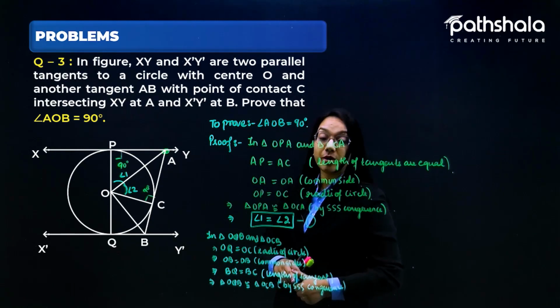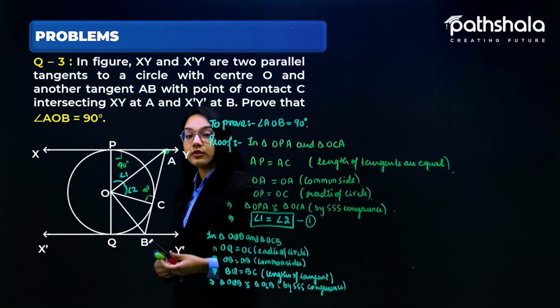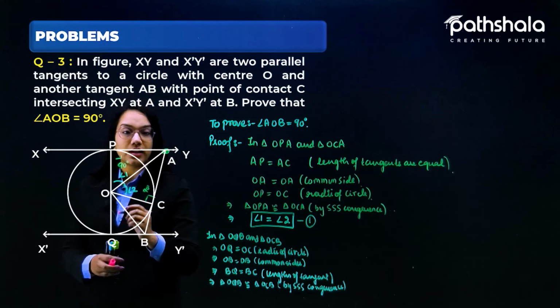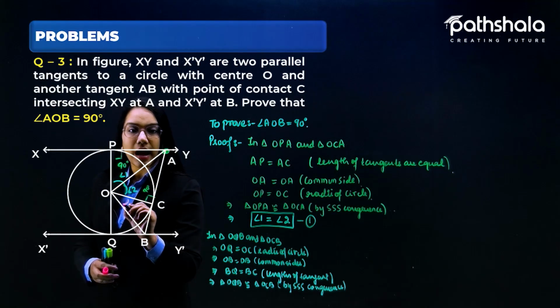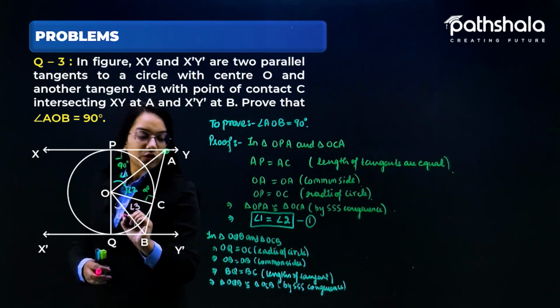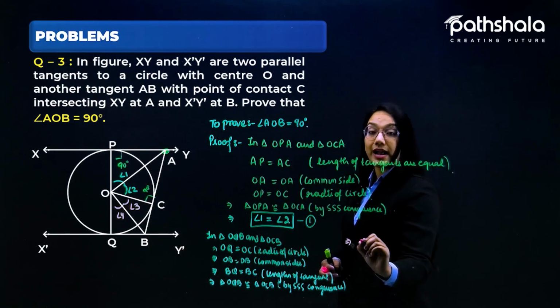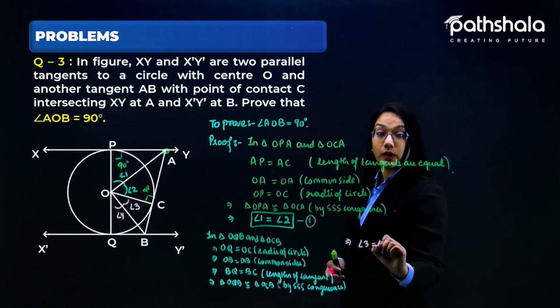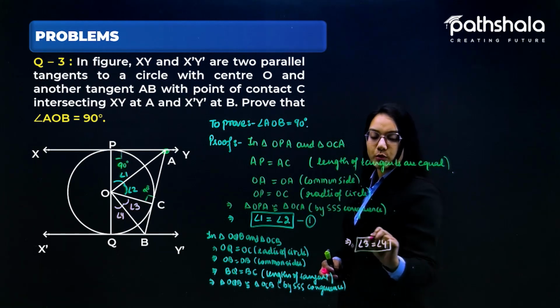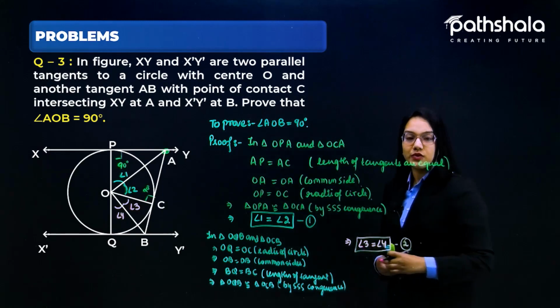These two triangles are congruent to each other, which means their angles are equal, so angle 3, taking the other as angle 4, implies that angle 3 is equal to angle 4. Let us take this as equation number 2.